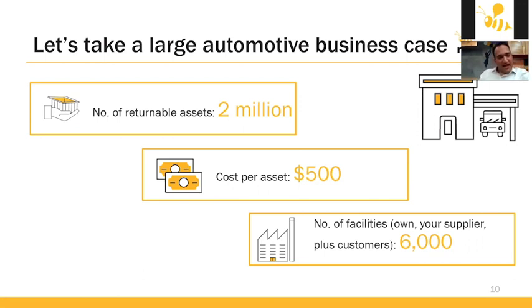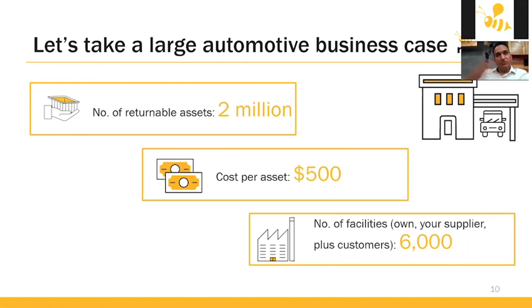So we will go back to the automotive example, or you can also take this as an example with the consumer goods vertical. Let's say 2 million pallets is what we got, or returnable assets is what we got. And the cost per returnable container, some of the good quality ones, cost around $500 each.